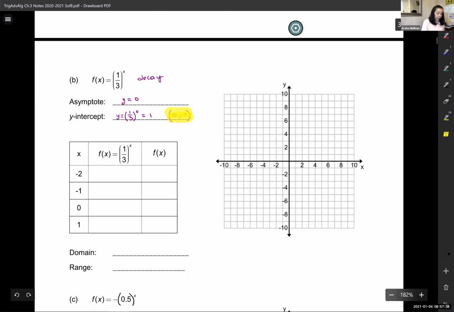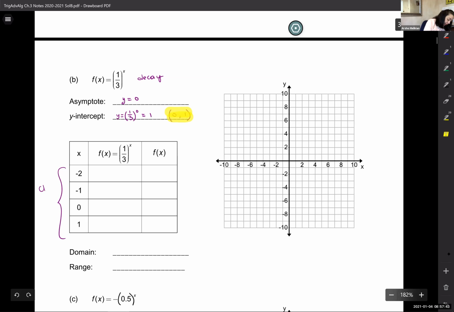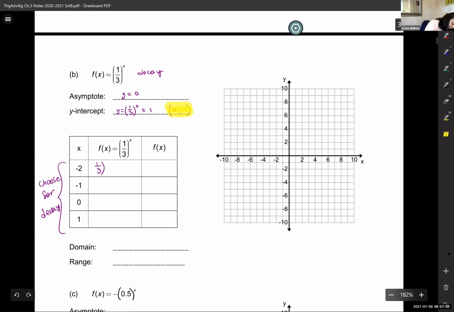All right. For decay, these are the numbers I choose. I start from -2, so I just shift 1. I start with -2 and go to 1. Okay, so first I have 1 over 3 to the -2. A negative exponent makes the number into a reciprocal. So what we do here is you flip that fraction, so it becomes 3 to the 2, which is 9.